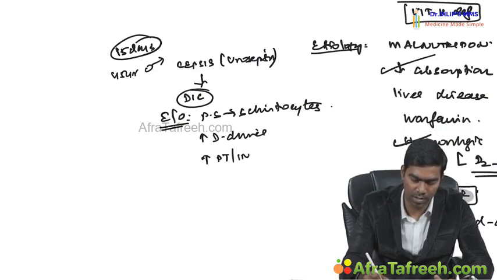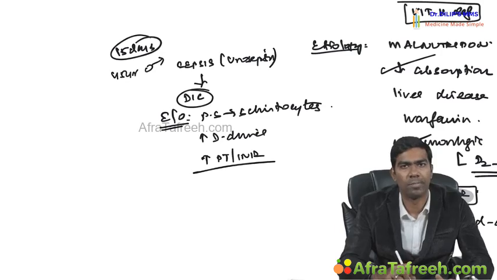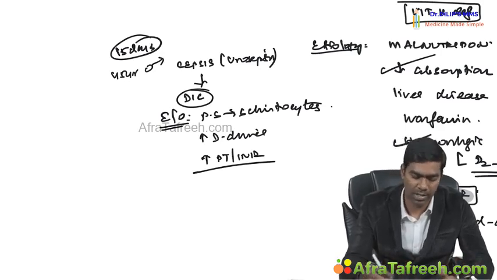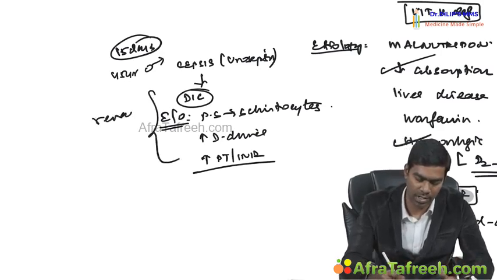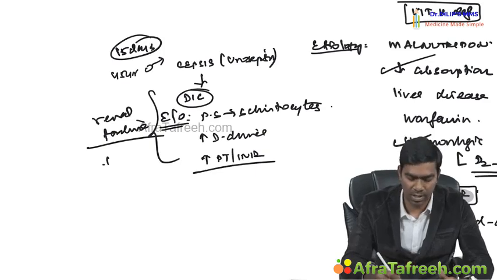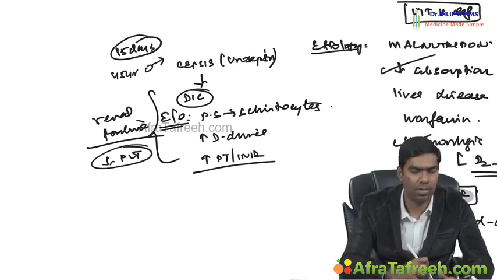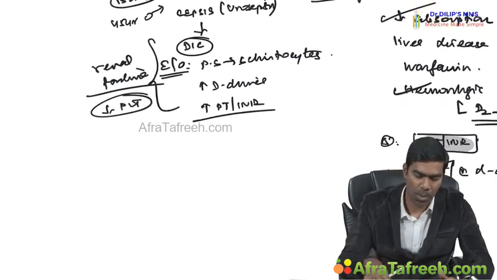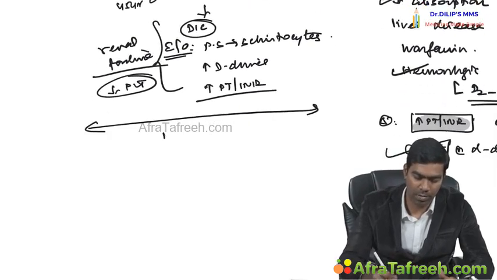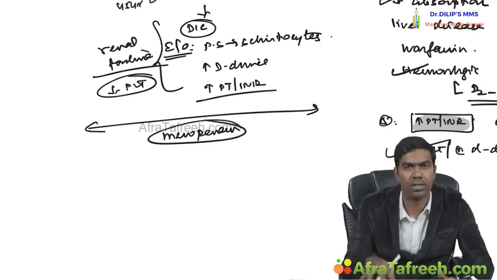PT, APTT, INR, all these things were elevated. And the patient had end organ dysfunction also. Patient had renal failure as well, and a lot of thrombocytopenia because of DIC. We started broad spectrum antibiotics, meropenem, because we suspected pyelonephritis.